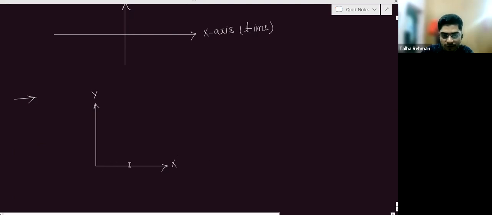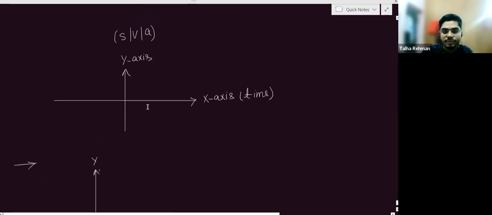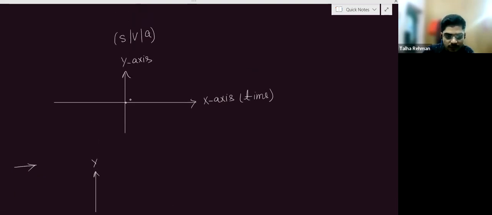So this is your x-axis, this is your y-axis. Basically, let me tell you, this is your origin. Origin means the starting point.